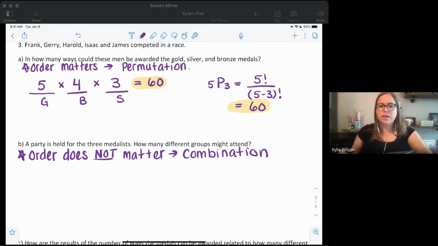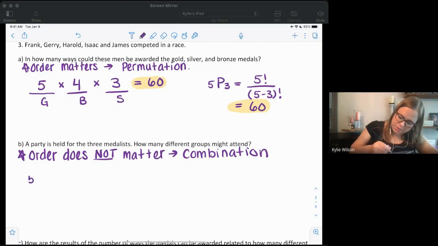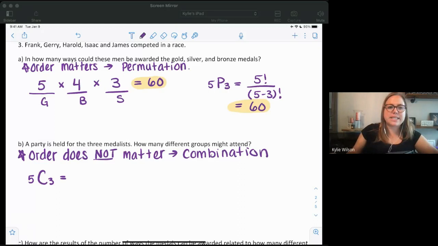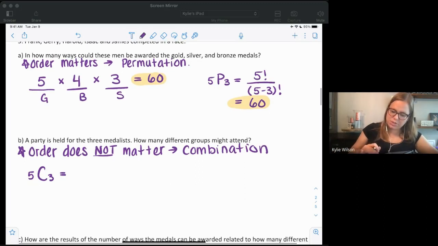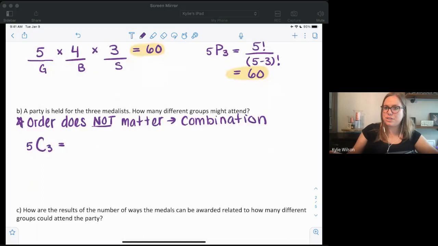So for the next piece here, we'll solve the combination. Here we have 5 people and we're choosing 3 of them to go to the party. I realized I accidentally made a mistake in my solutions and it says 5 choose 2. Just a heads up, it should say 5 choose 3. So we have 5 people. We're choosing 3 medalists to go to the party.